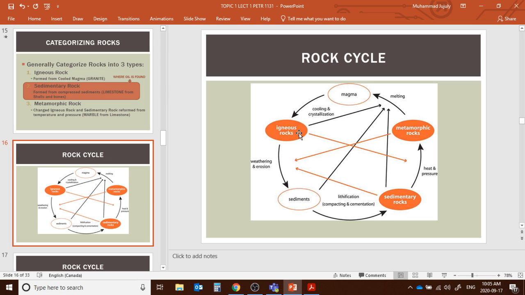Now this igneous rock could undergo weathering or erosion, for instance high winds blowing, or an earthquake, and these igneous rocks can break into pieces, and then there are lots of natural calamities.